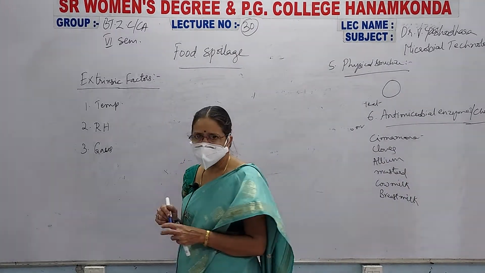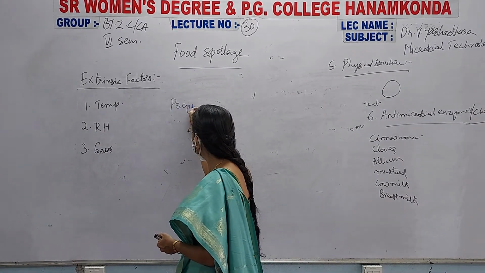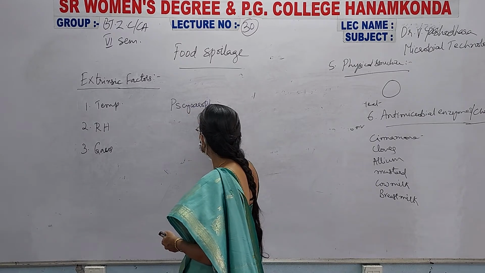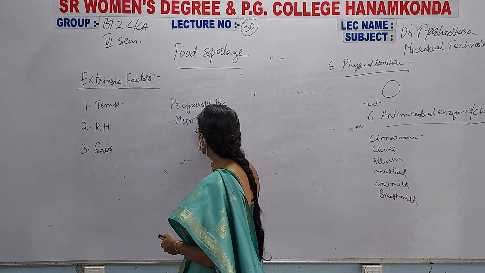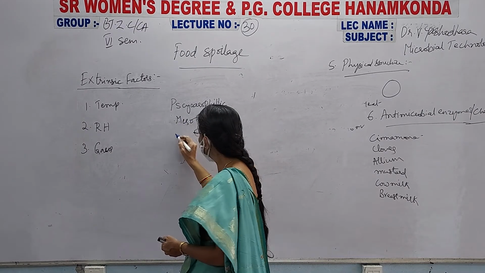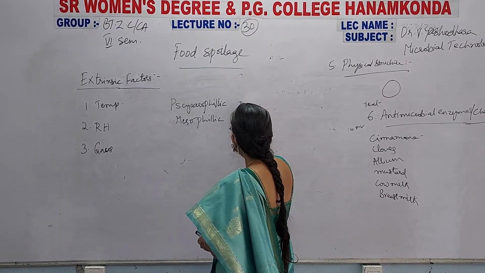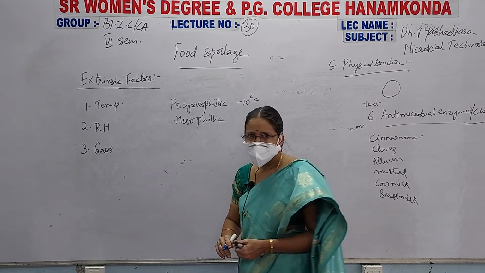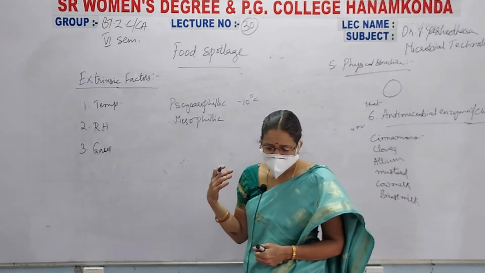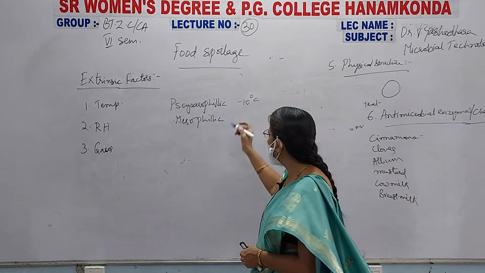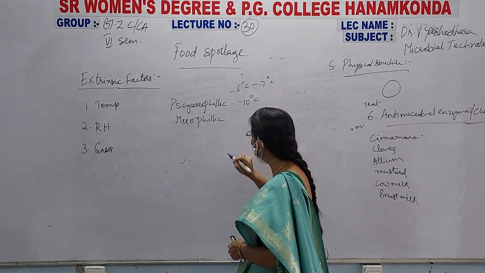First one, let us see what is temperature. There are many types of bacteria: psychrophilic, mesophilic. Psychrophilic means they can live below 10 degrees centigrade, they can grow at very low temperatures, from below 5 to 7 degrees centigrade down to -7 to -10.